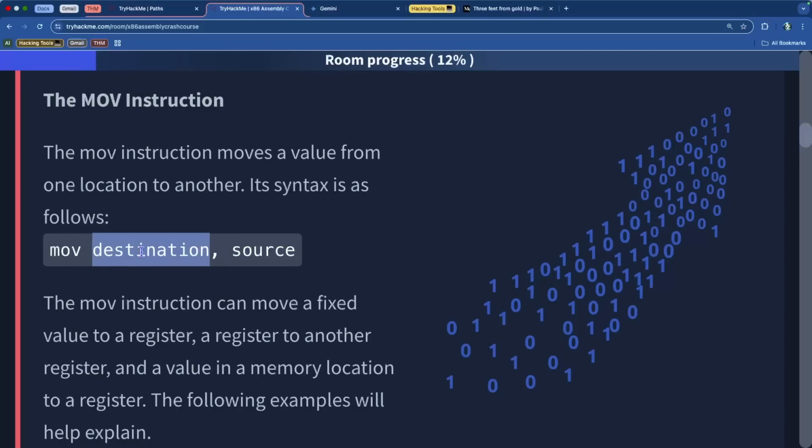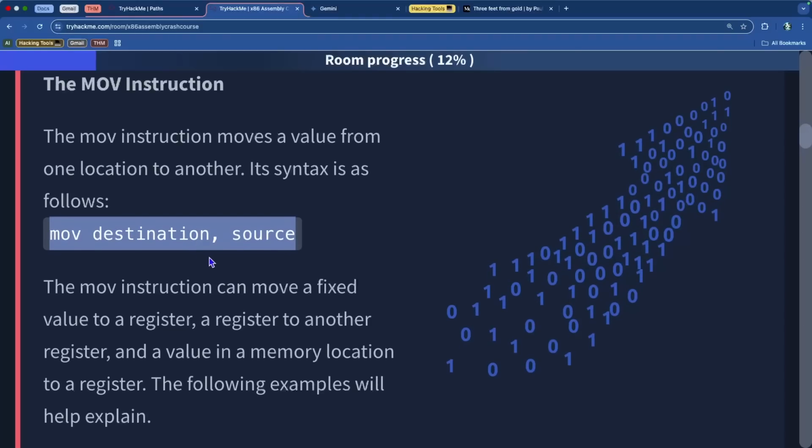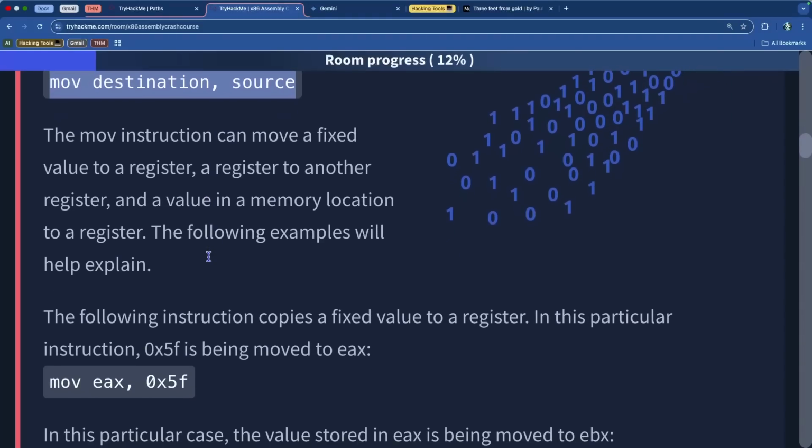So for example, /user/hank/downloads/file.txt. That would be the full destination, and then the source would be /user/james/downloads, something like that. And that's basically what this command itself ends up doing, it's just moving something from one place to another, and this falls under a general instruction.